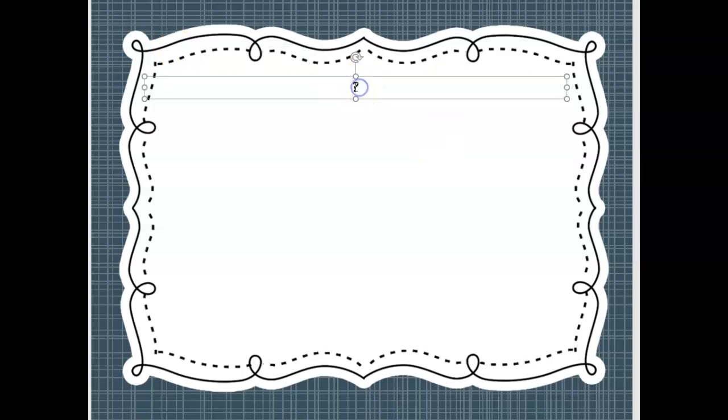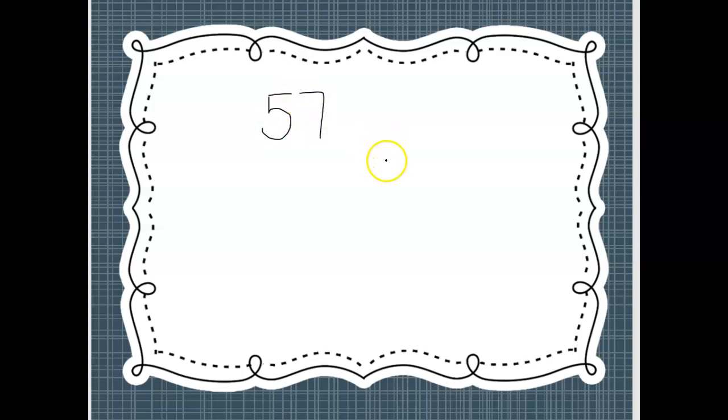Say you have the number 57, okay? And you want to multiply it times 10. What's going to happen? We're going to make this 57 10 times larger.